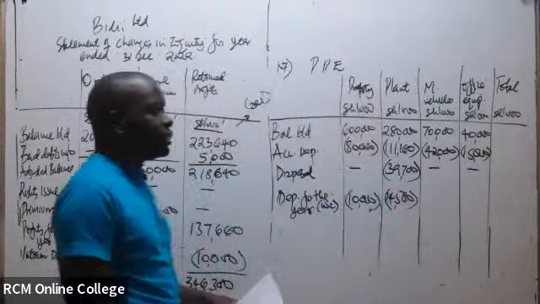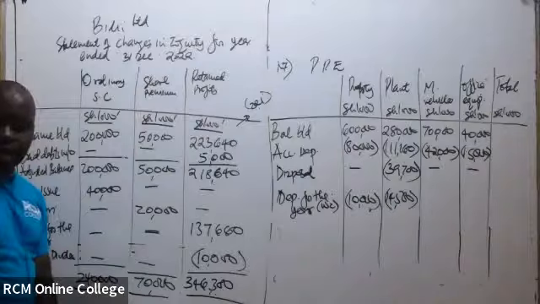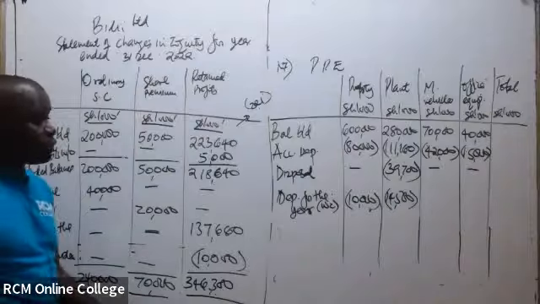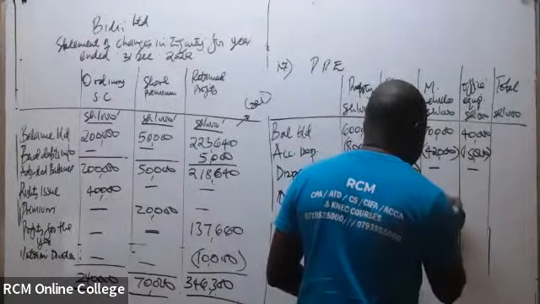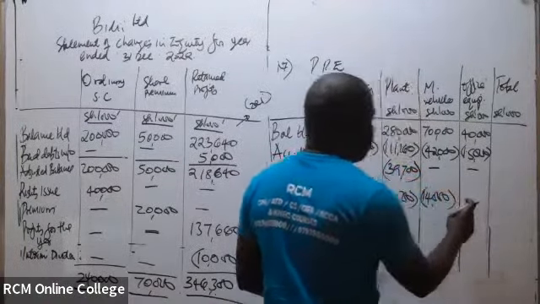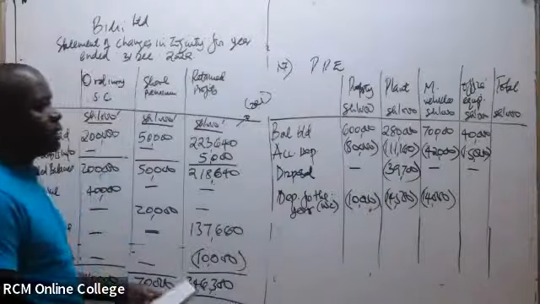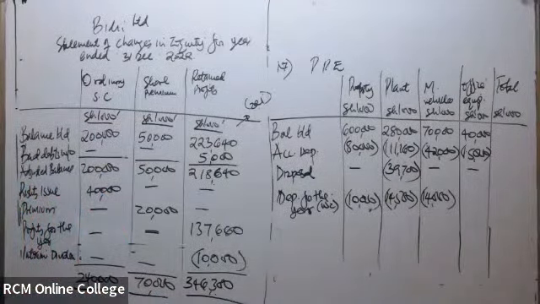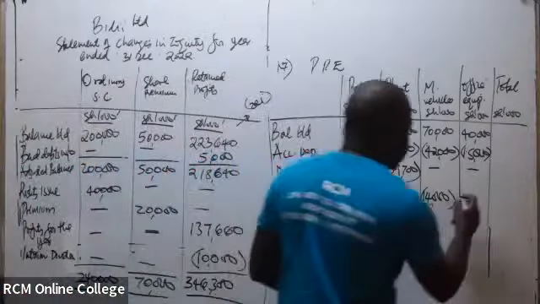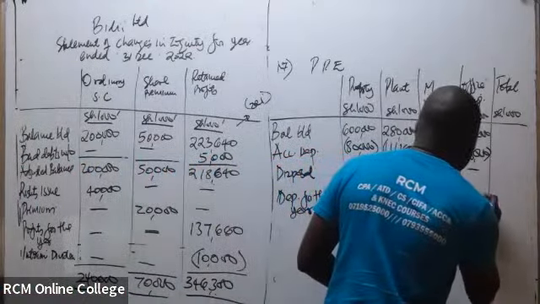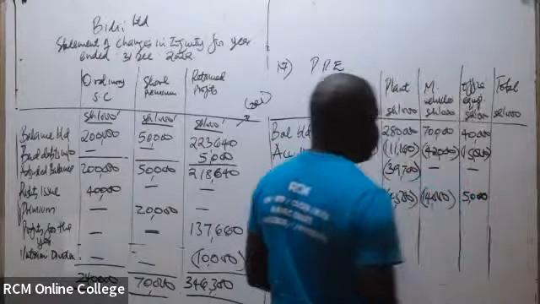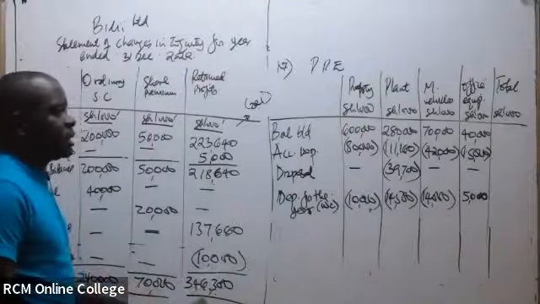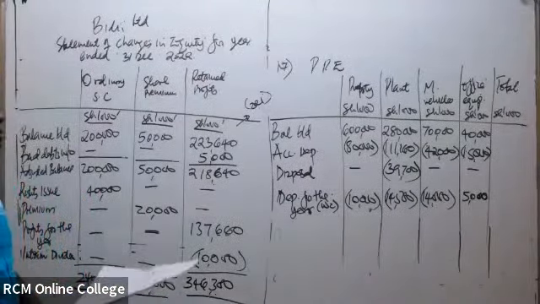It was 14 million. What about for office equipment? It was 5 million.